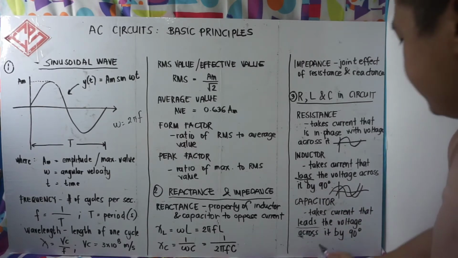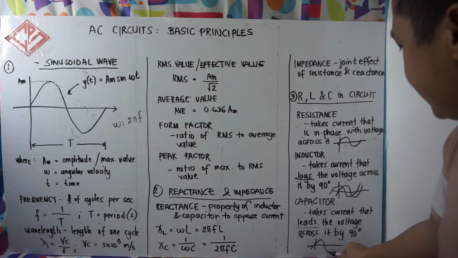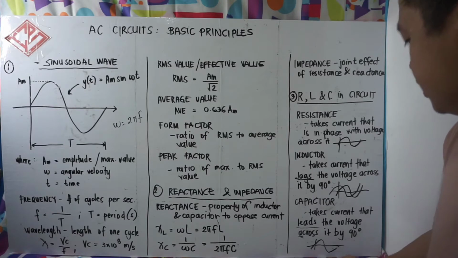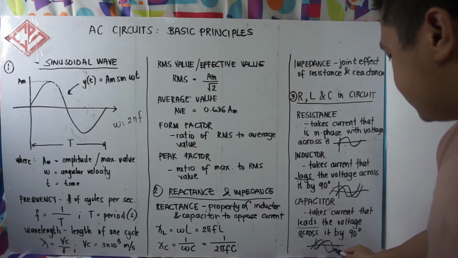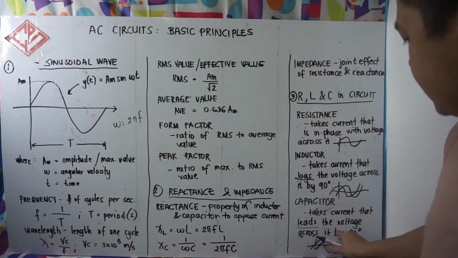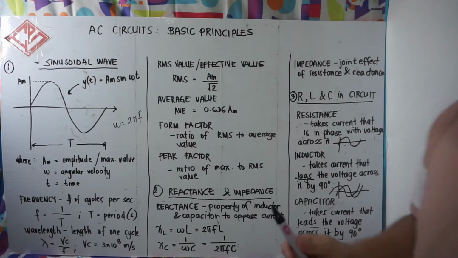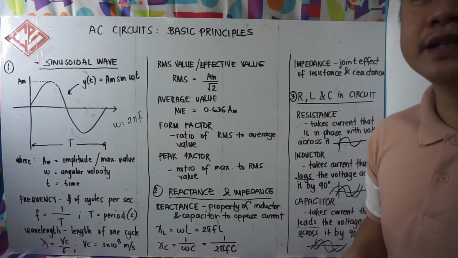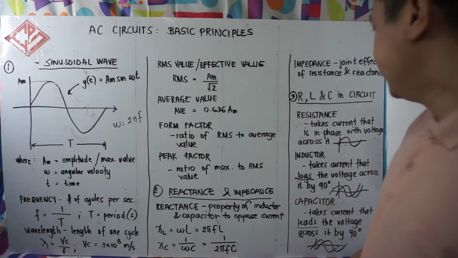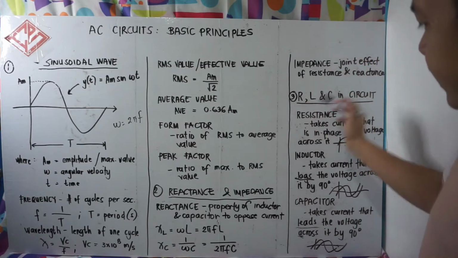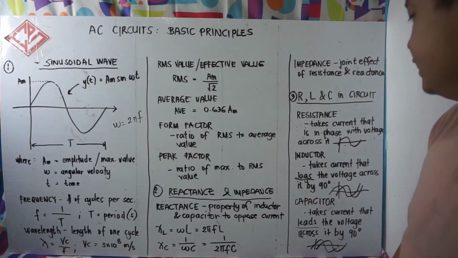So when you have a voltage of sinusoidal wave function like this, you will have a current that leads the voltage by 90 degrees. So, this is the behavior of these three elements in a circuit.